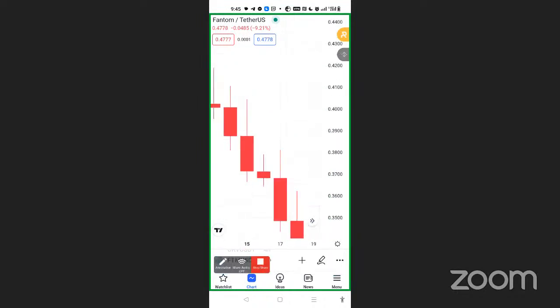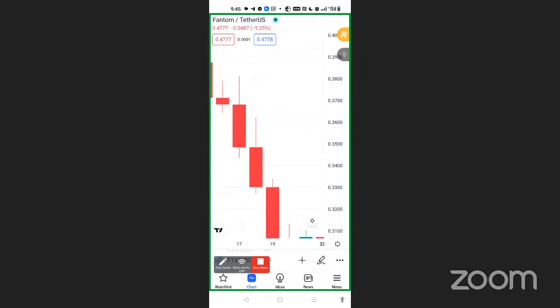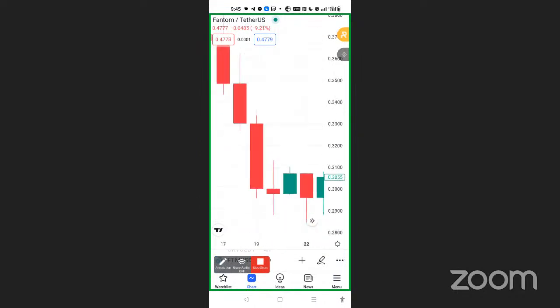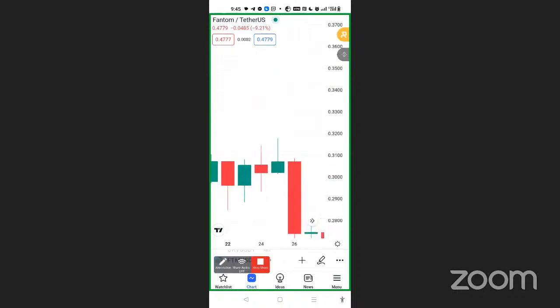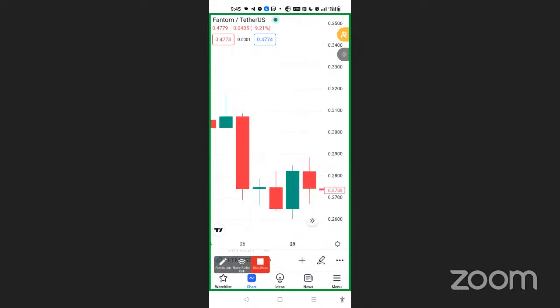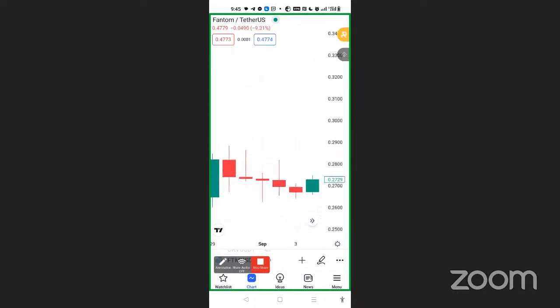So a candle that has a long stick on top signifies selling pressure, and a candle that has a long wick at the bottom signifies buying pressure. I hope that is very, very clear.